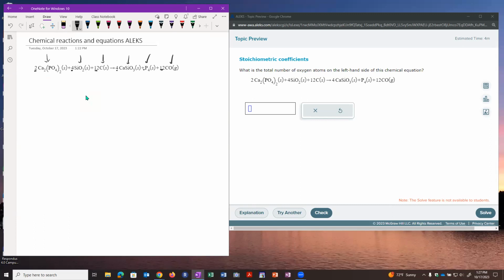So for example, if it's asking you for the number of oxygen atoms on the left-hand side of the equation, we're looking here on the left side, which is the reactant side, and we want to count the number of O's. So in the chemical formula, calcium phosphate, we have 4 O's times 2.